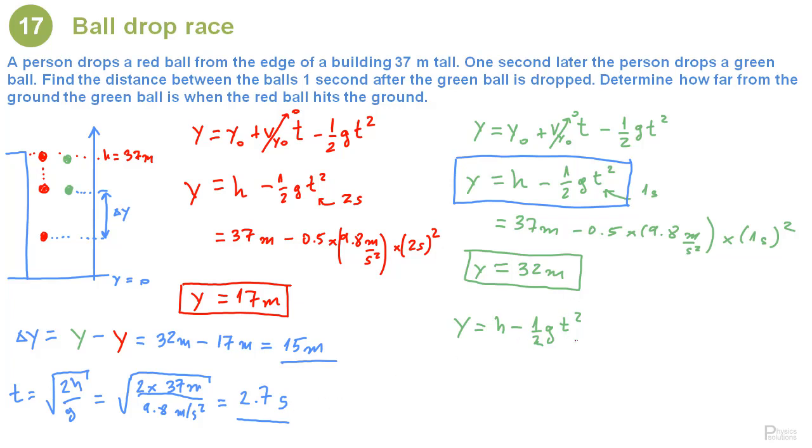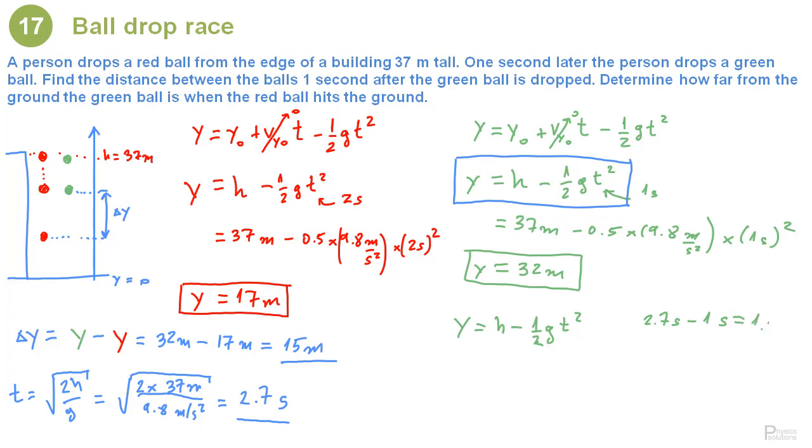But the time that we have to plug here is not 2.7 seconds, because t in this formula refers to the time that the green ball has been moving. So if the red ball has been moving for 2.7 seconds, and we know that the red ball was dropped 1 second before the green ball, that means that the time that we have to put here is 2.7 seconds minus 1 second.